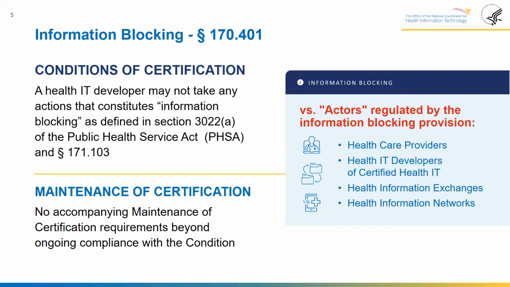But in this case, what we are talking about as a condition of certification are not those things that you see in the right-hand slide. They are specifically things that are related to health IT developers. This condition of certification establishes that a health IT developer may not take any actions that constitute information blocking. Again, this is applicable to the health IT developers' business practices in relation to their certified health IT.